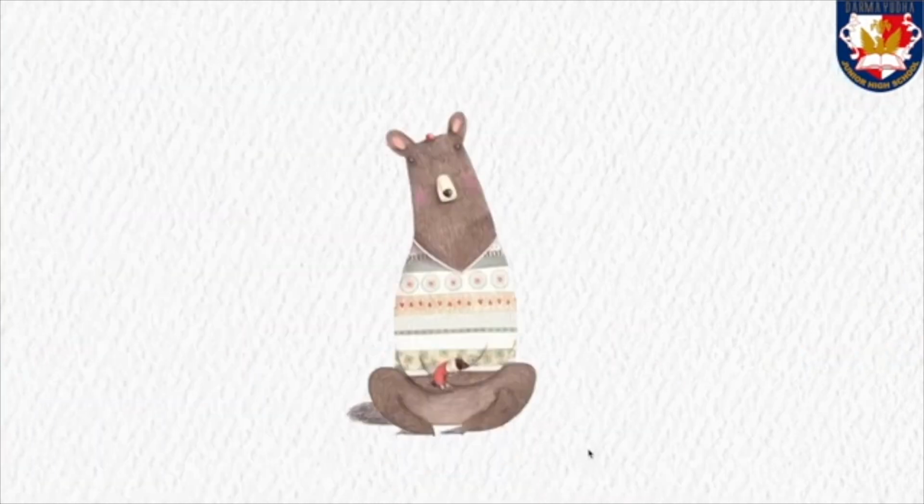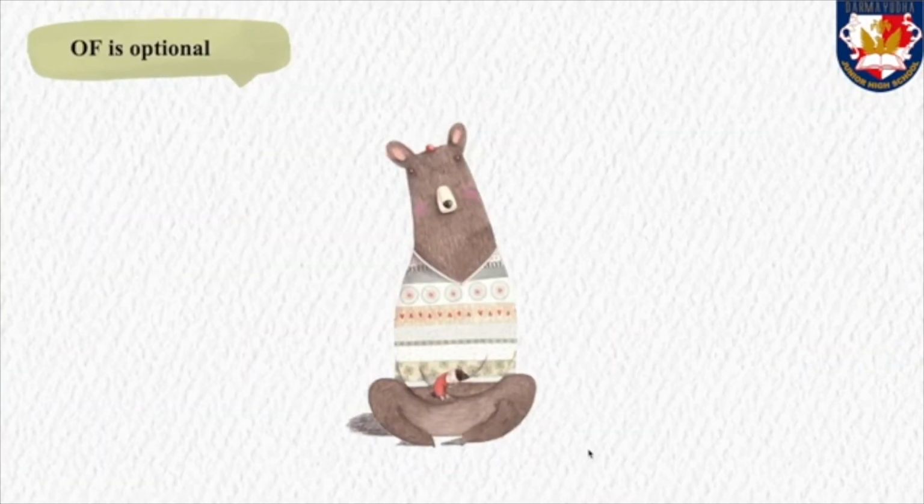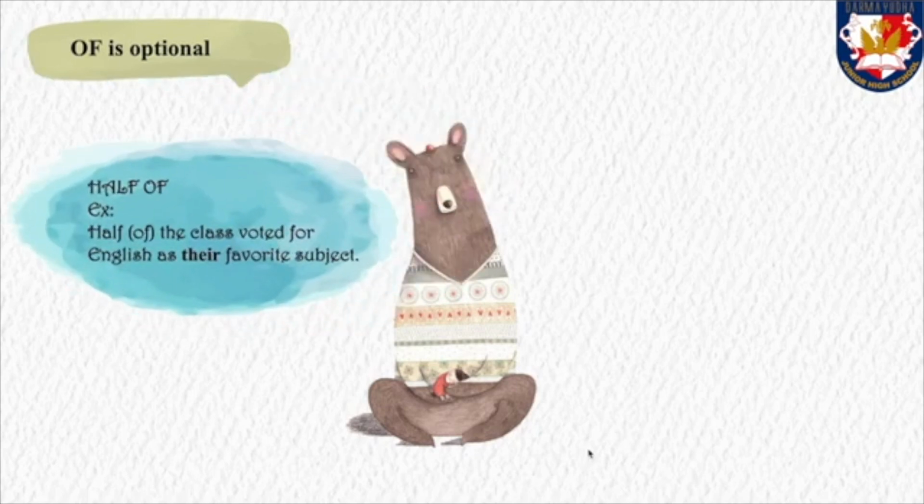Now, the second one, of, is optional. It means that in this word, you may or you may not use the preposition of. As the word you see here, half of.